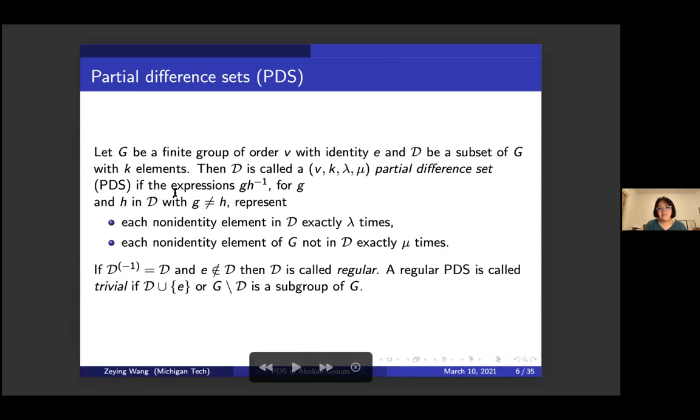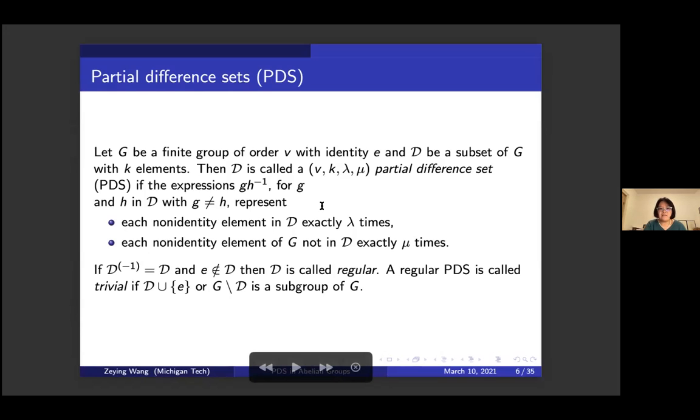Then D is called a (v, k, lambda, mu) partial difference set if the set of differences gh inverse, with g and h in D and g not equal to h, represents each non-identity element in D exactly lambda times and each non-identity element of G not in D exactly mu times.